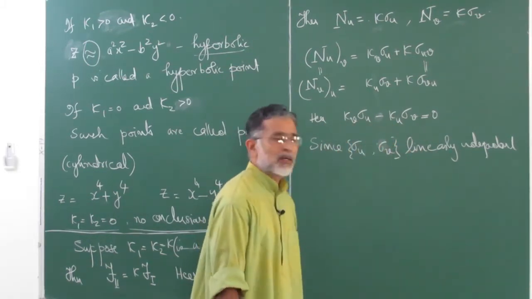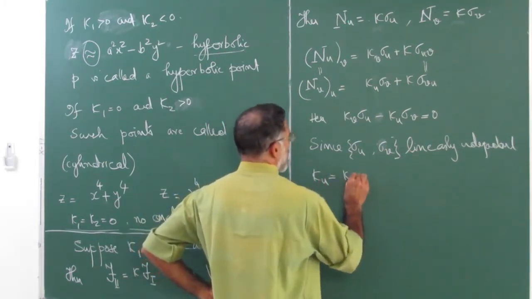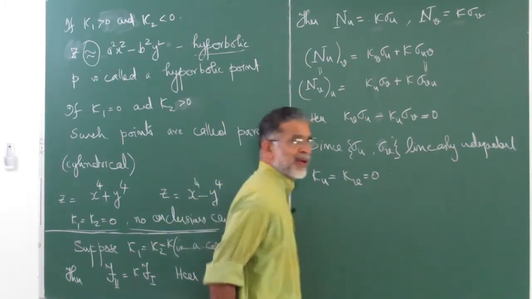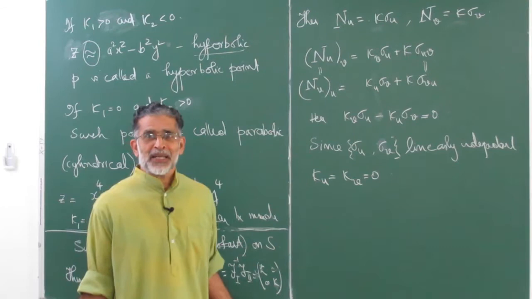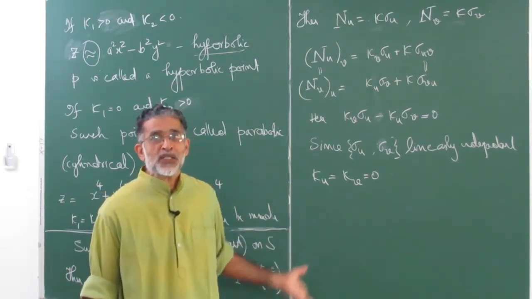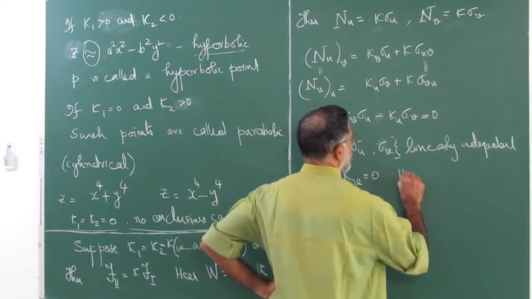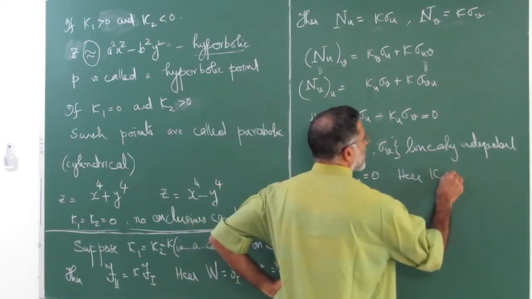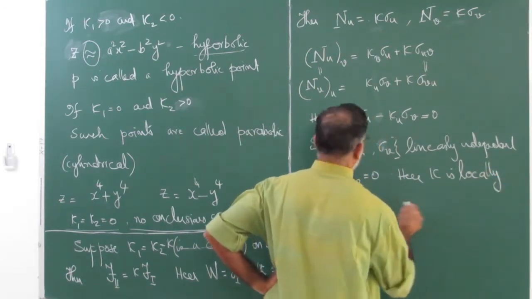In other words, kappa_u equal to kappa_v equal to 0. That means the gradient of kappa is 0, which means the function has to be identically constant. Hence kappa is, generally this is what we say, locally constant.